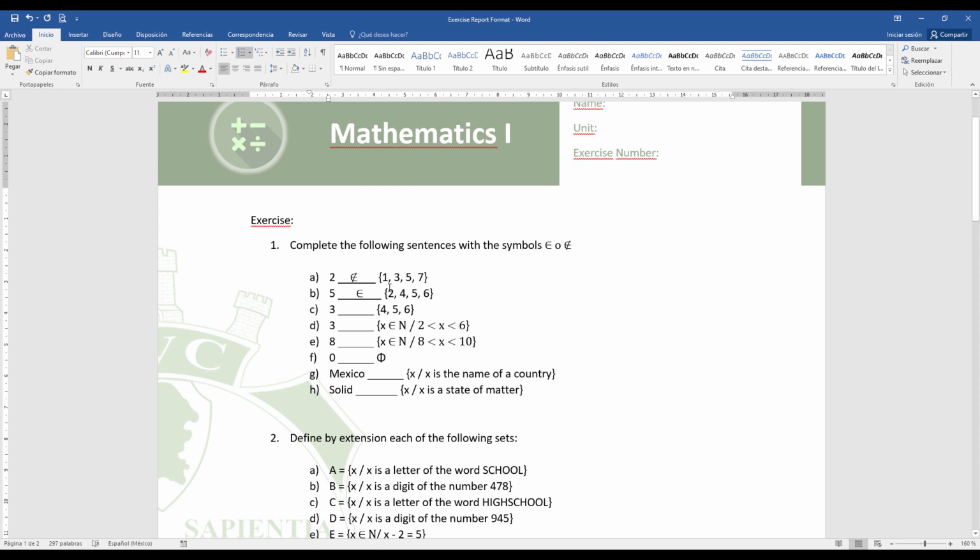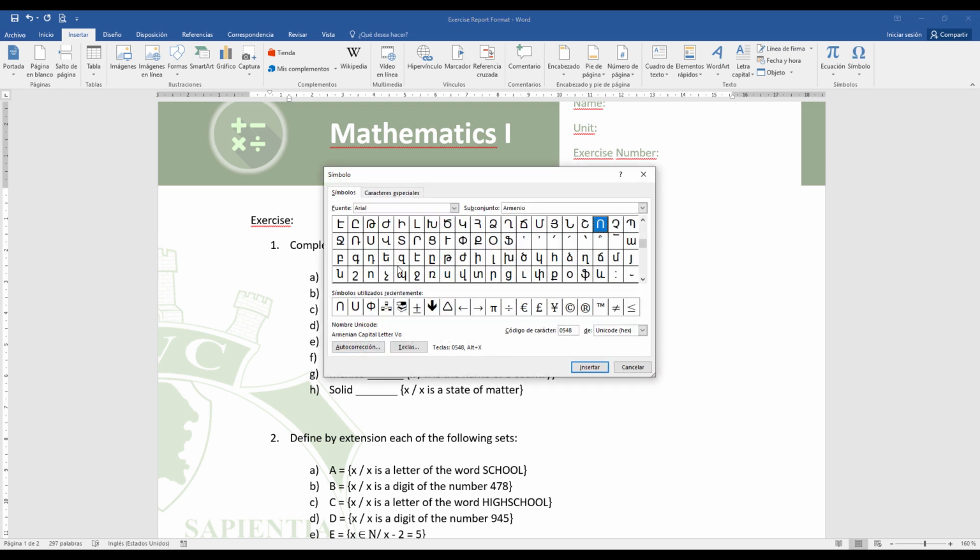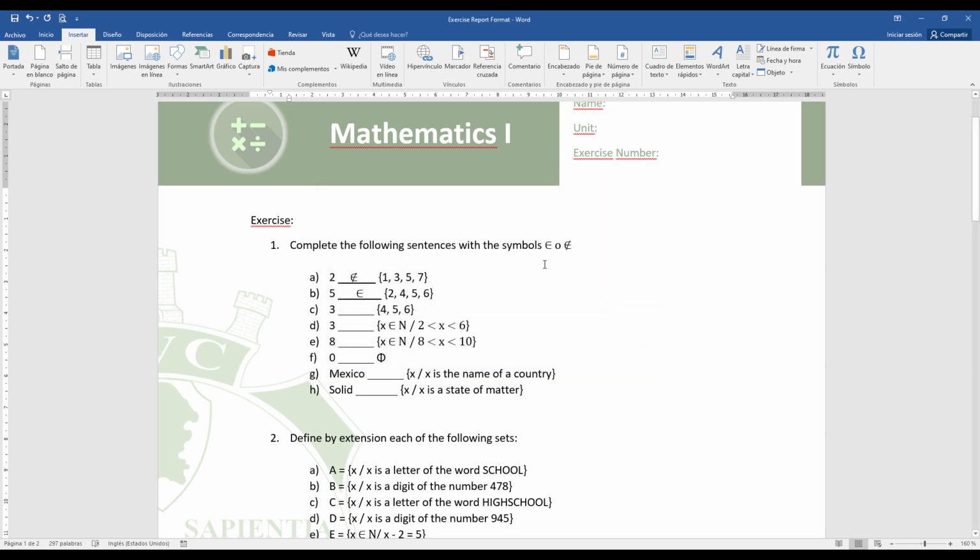Okay, so you need to answer the others. It's very easy. If you have problems finding that symbol in Word, you can use the Insert tab, and use Symbol, More Symbols, and look for it. There are so many, so you need to look for that symbol.